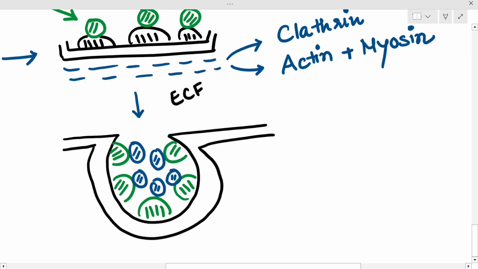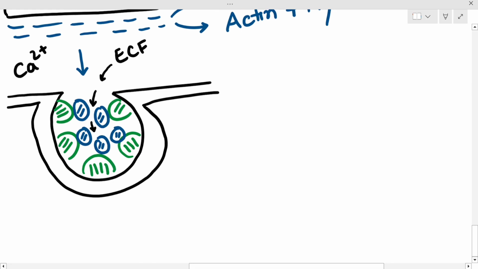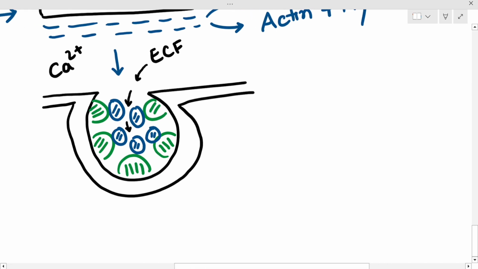So when invagination takes place, the extracellular fluid also will enter this place. Fine. Now in extracellular fluid, we all know calcium ions are present. Okay. So this calcium ion will react with the actin and myosin that is present beneath the cell surface.